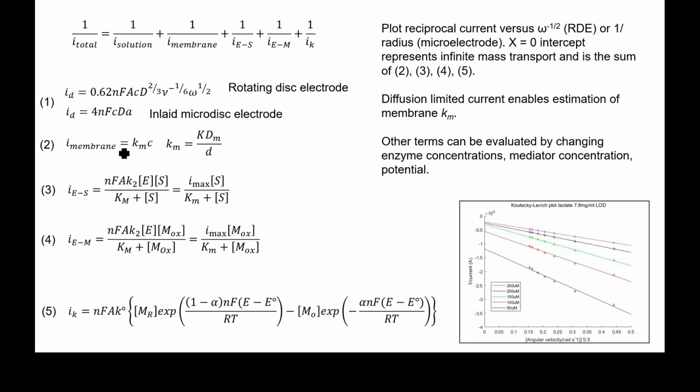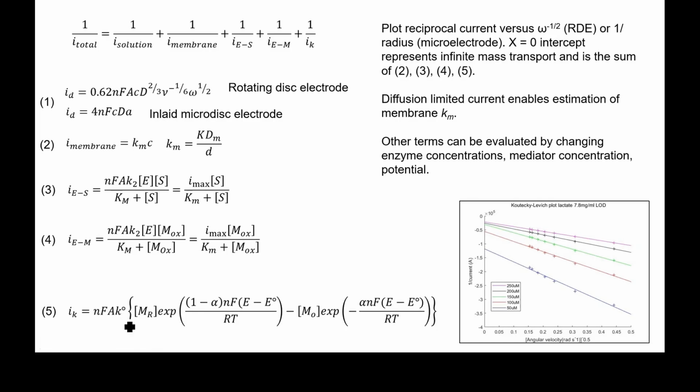Then the next thing we can do is change our enzyme concentrations, having optimized our membrane properties. And we can start backing out k2, or k2 over Km rather, which are our enzyme properties, and tell our enzyme manufacturers, have they optimized our enzyme properly? And then the remaining terms, the fifth one here, easy to get, so we know all this.